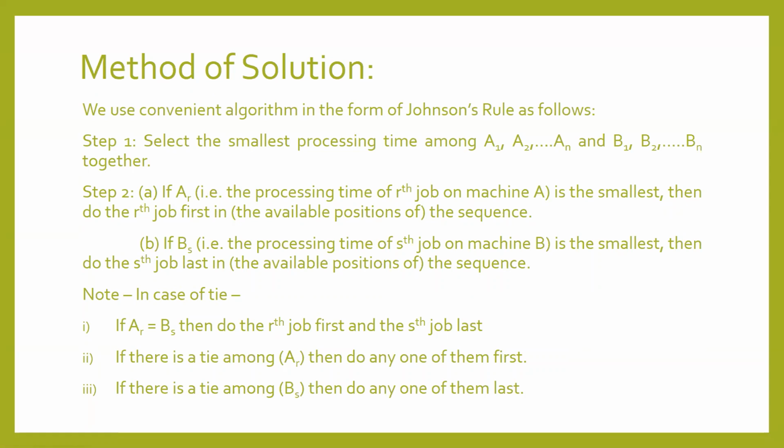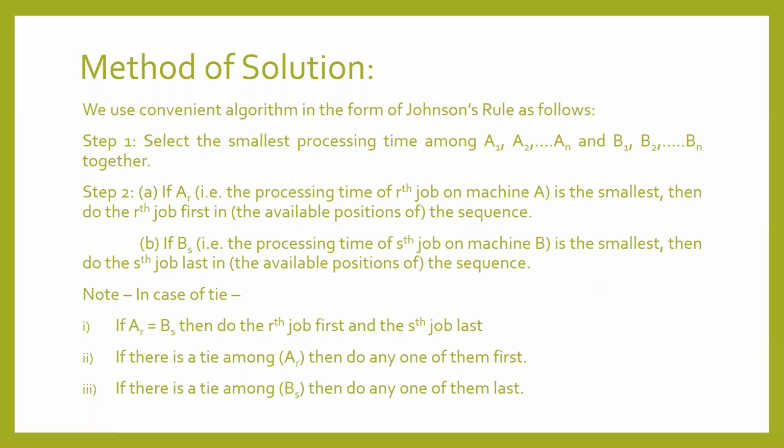Clear? Now there can be different cases, like a tie between two values. If we have AR equal to BS, then do the Rth job first and the S job last. If there is a tie among the values on machine A only, then do any one of them first; you can pick up any one of them.